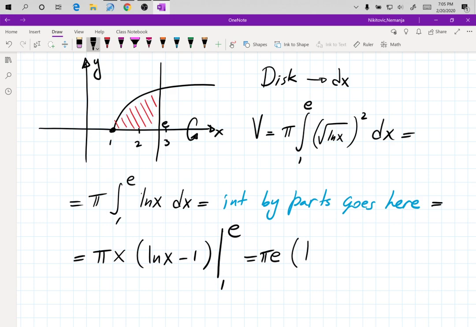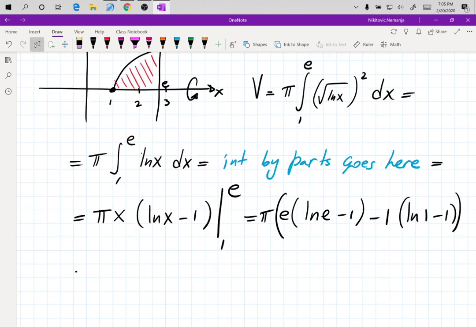So we have ln e minus 1, minus plug in 1, ln 1 minus 1, times pi. ln e is 1, so we get e times 1 minus 1, minus 0 minus 1.